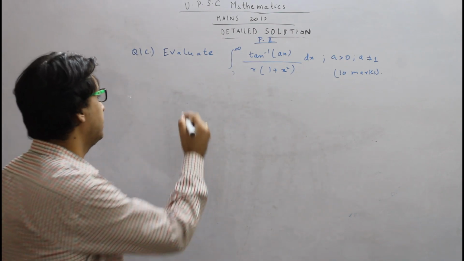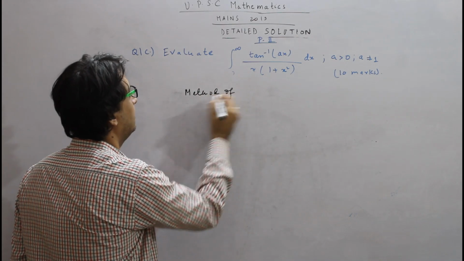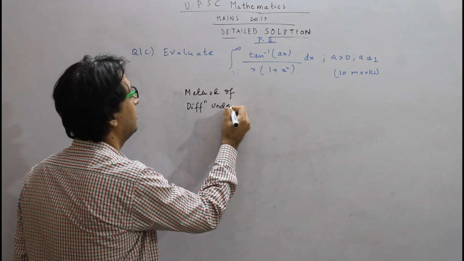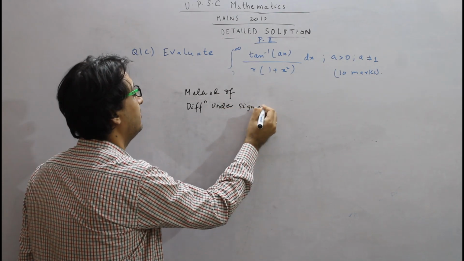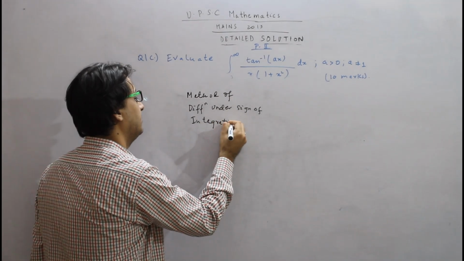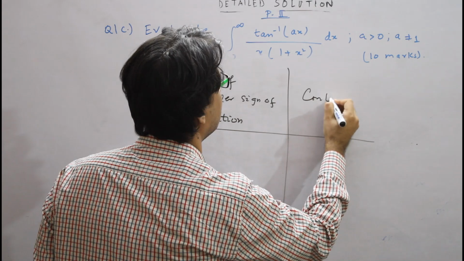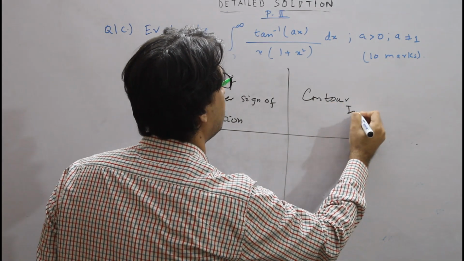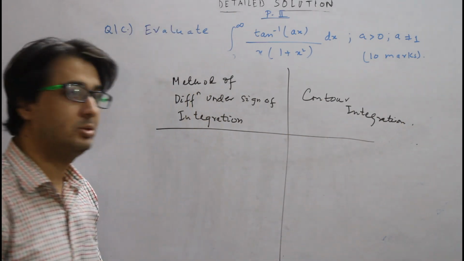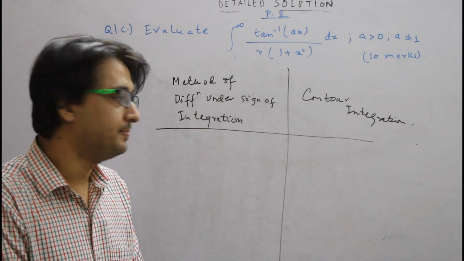There are two approaches: one is the method of differentiation under sign of integration, and another is contour integration. Questions can be interchanged in paper 1 and paper 2 as regards calculus and real analysis.